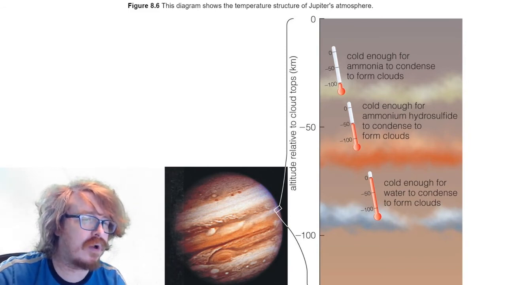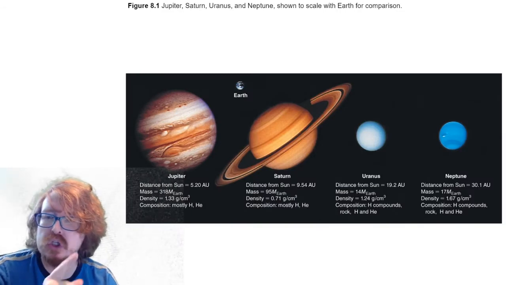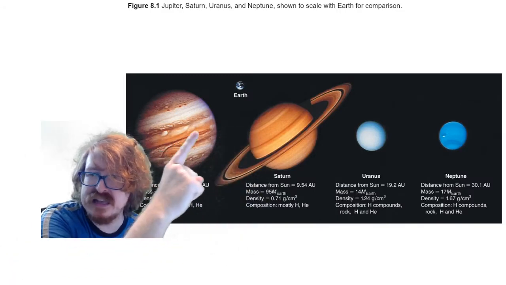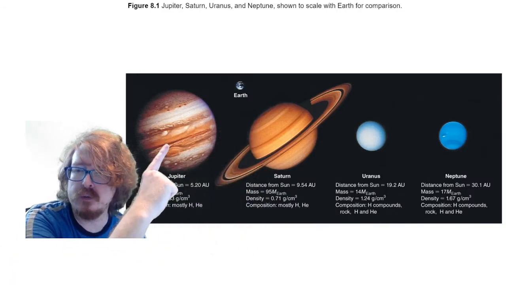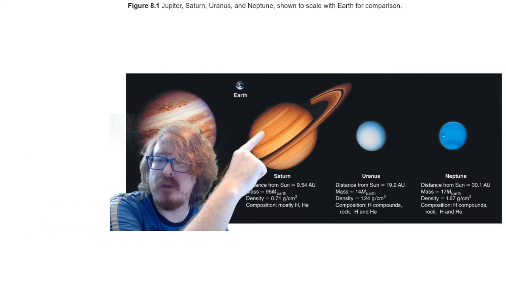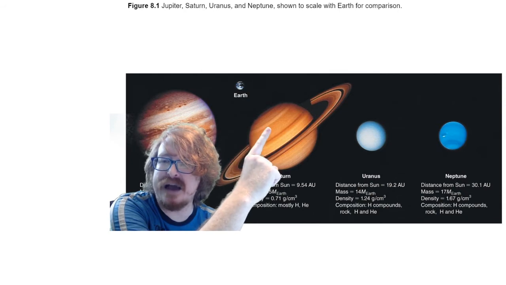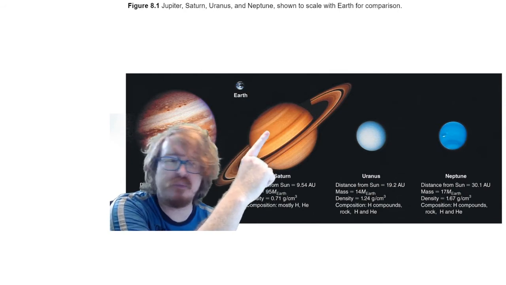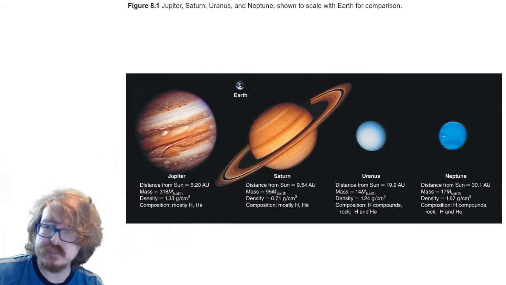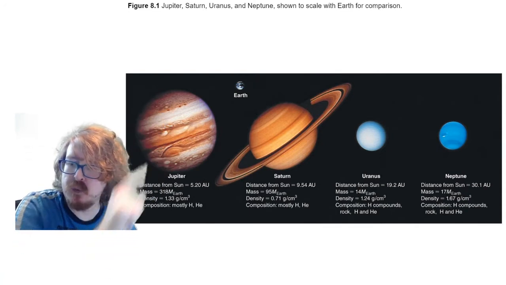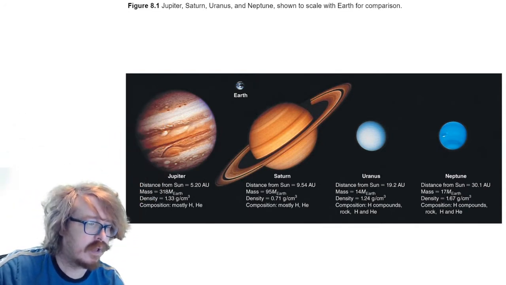Do the clouds on Saturn look exactly the same as the clouds on Jupiter? No. What's different about how the clouds look here? How do the clouds look differently on Saturn? What's the difference between this picture and this picture? I can show you some close-up pictures to help.